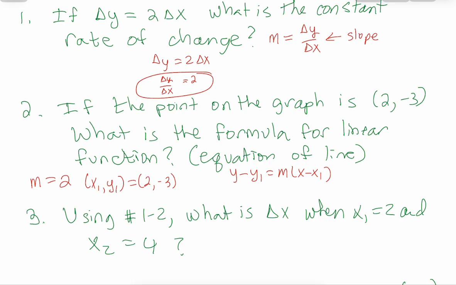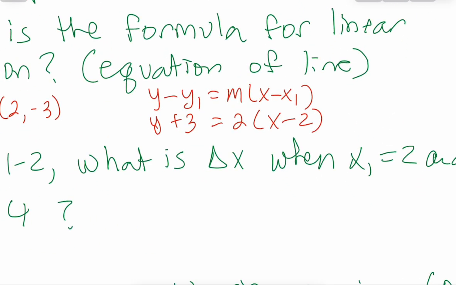Let's plop these things into our equation, our point slope formula. So we're going to get y plus 3, see how that negative will change sign. We've seen that even in the distance formula as well. Equals our slope times x minus our x value. Now, I'm okay if you leave it here, but I know iMath likes you to solve it explicitly for y.